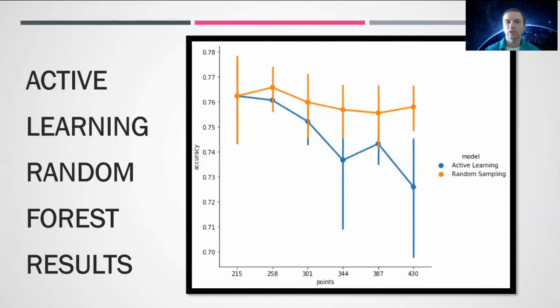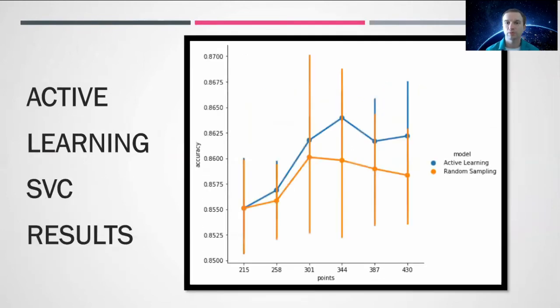In this chart, you can see our results when we apply active learning to the random forest classifier. Here, even though active learning doesn't outperform random sampling, we still achieve respectable accuracy rates between 73 and 76% given the portion of the data set we're looking at. This improves with support vector machines, where we're seeing between an 85 and 86.5% accuracy rate using active learning.